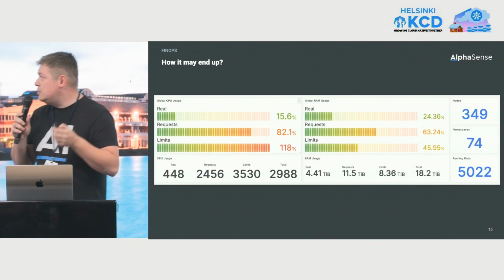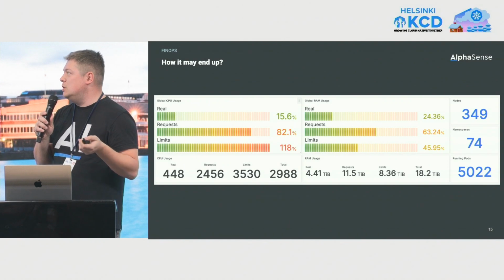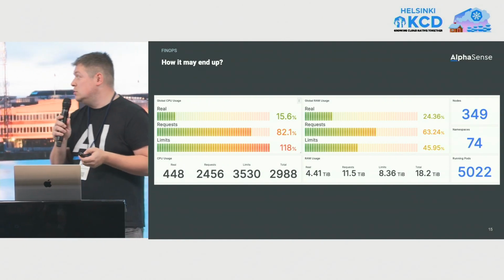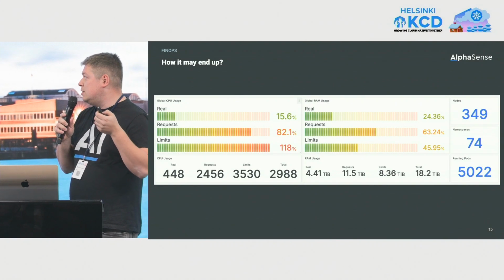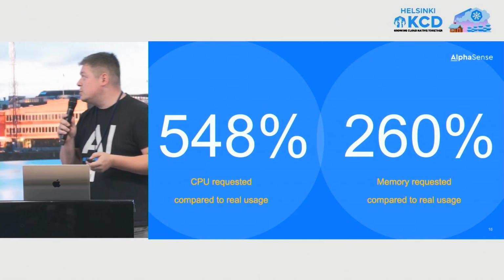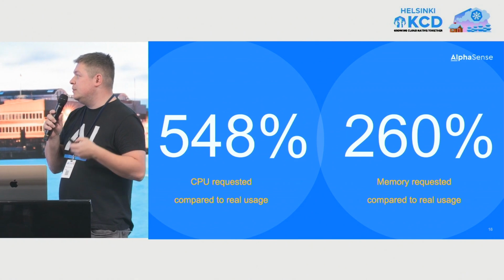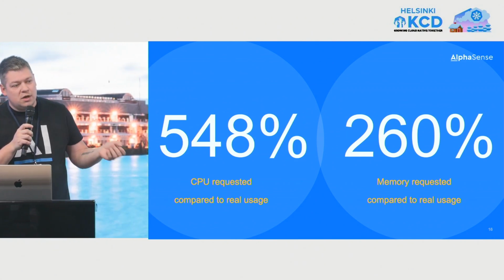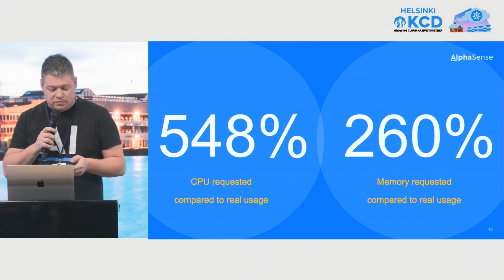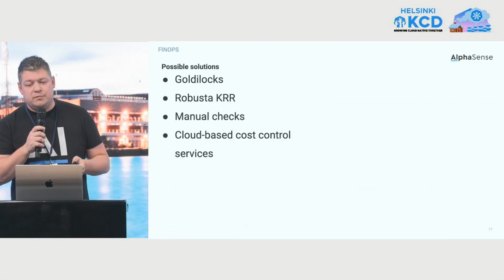That brings us to a situation where we have very overcommitted resource utilization. Literally like 548% of the CPU requested compared to the actual usage, and 260% of the memory.